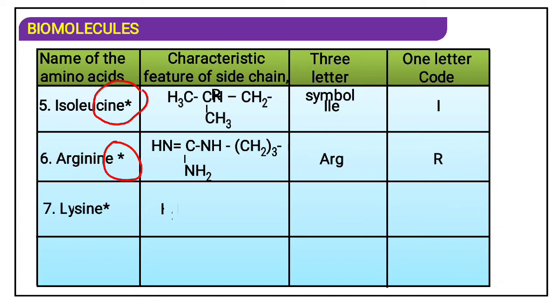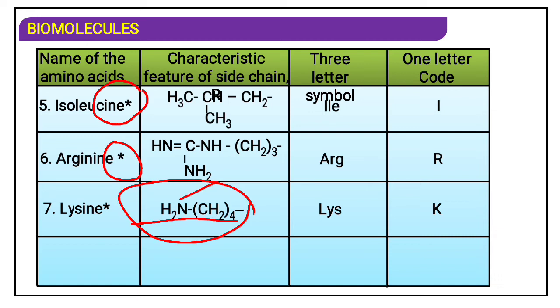So these are the single letter and three letter representations. Among these structures is lysine. In lysine, what is present? One extra NH2. In lysine, the main chain already has one NH2, and along with that, in the side chain another NH2 group is present.